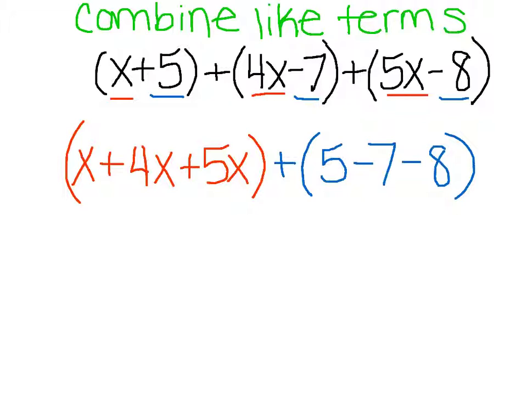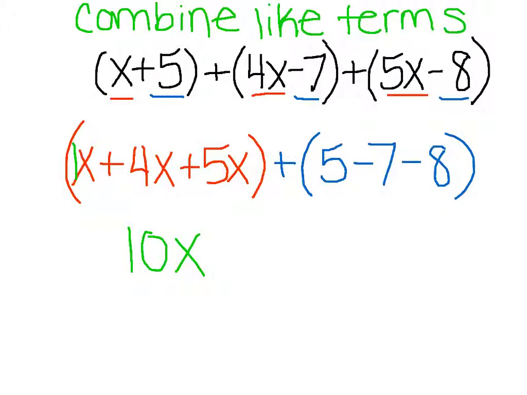Putting this all together, we have x plus 4x plus 5x. Since there's no number in front of the x, the number 1 is implied, and 1 plus 4 is 5, and 5 plus 5 is 10. So we're going to have 10x, and then I'm going to have 5 minus 7, which is negative 2.